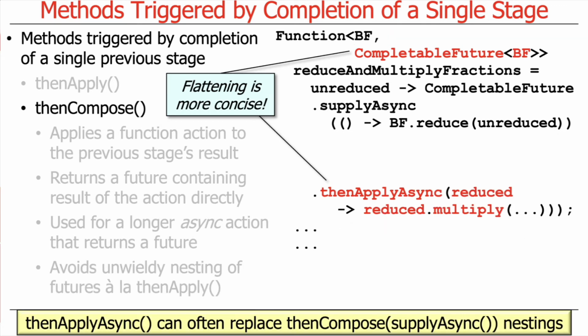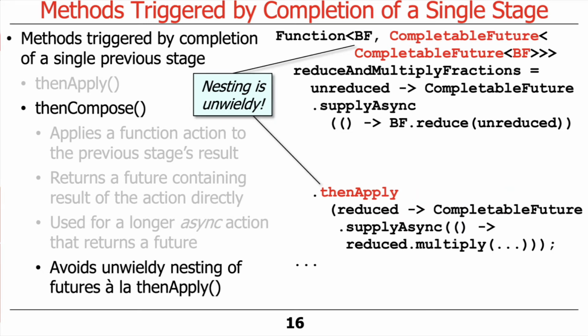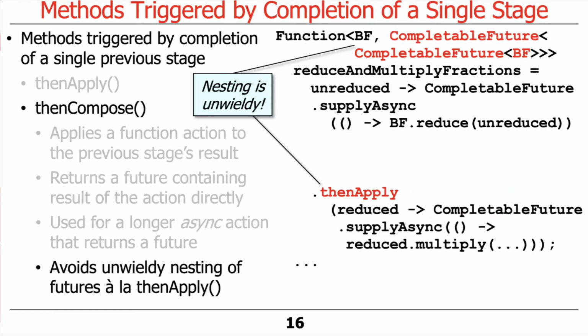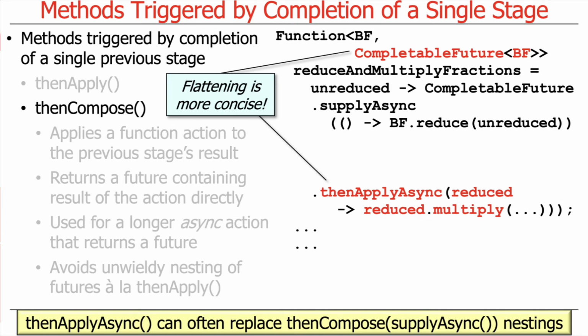Now, it turns out that you can get around having to use thenCompose for this particular use case by using a variant of thenApply. There's another variant called thenApplyAsync, which is a super cool variant that works like calling CompletableFuture.supplyAsync, but it doesn't nest the completable futures.